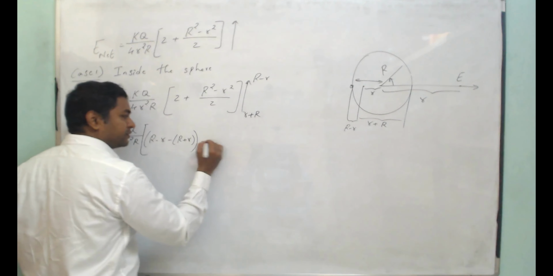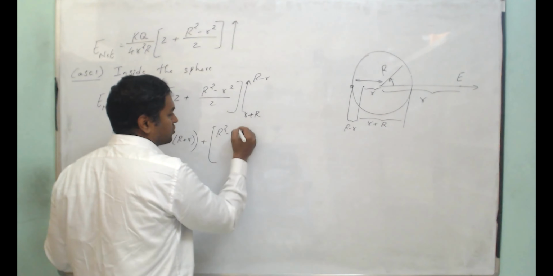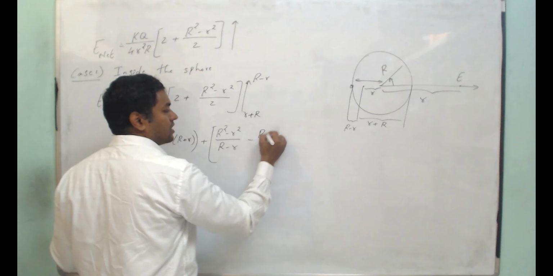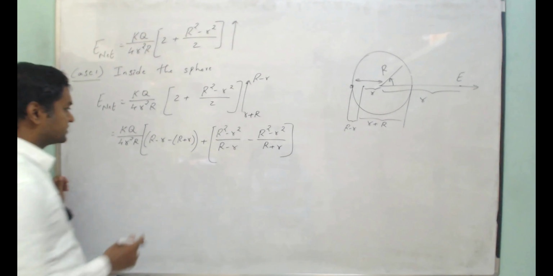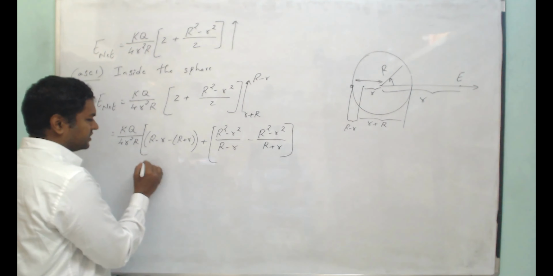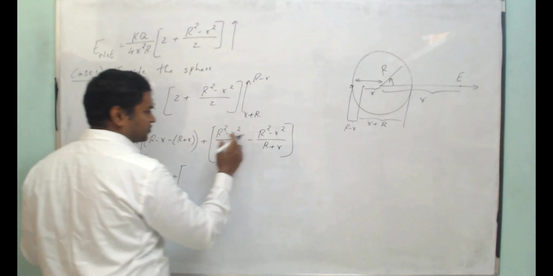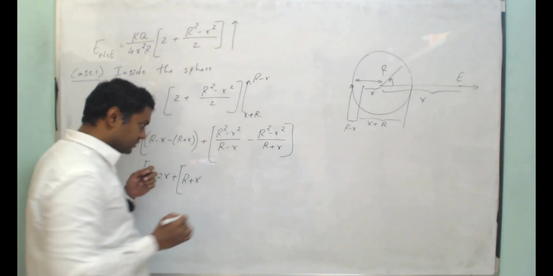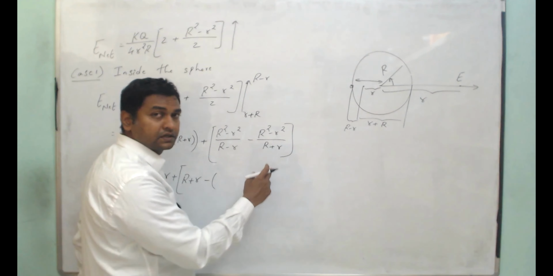Plus, upper limit minus lower limit: capital R square minus small r square divided by upper limit capital R minus small r, minus capital R square minus small r square divided by capital R plus small r. Here a square minus b square divided by a minus b is a plus b, and a square minus b square divided by a plus b is a minus b.